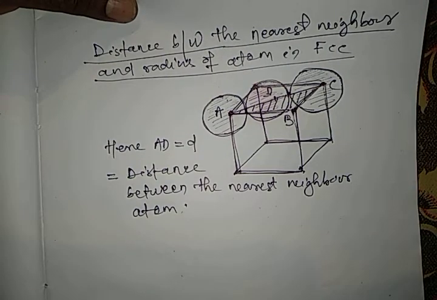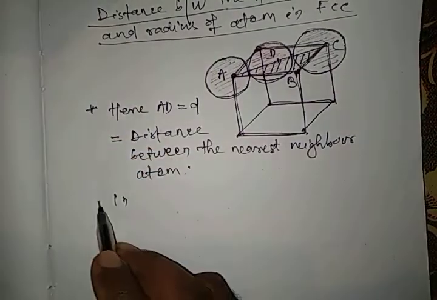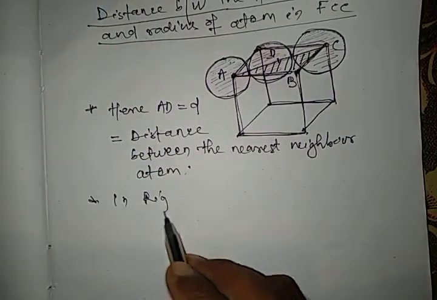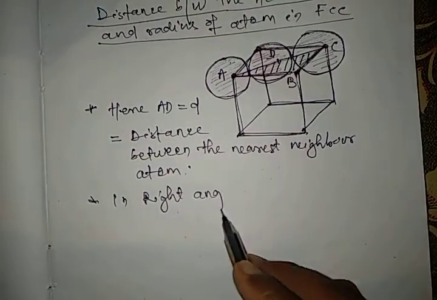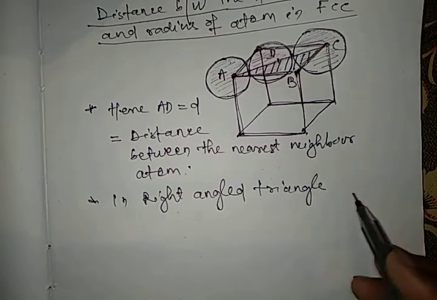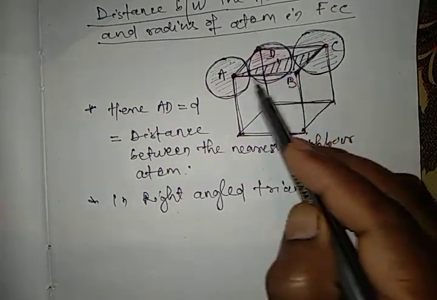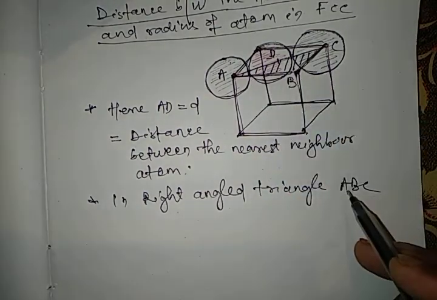Okay, so in triangle ABC, it is a right angle triangle.